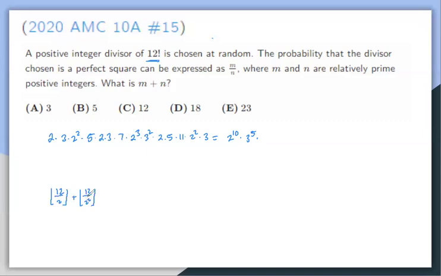We continue until we get the largest power of each prime that is smaller than the given number. In this case, 12, we can get at most 2 cubed. When you take the floor of 12 over 2, that's just 6. There are 6 multiples of 2's.